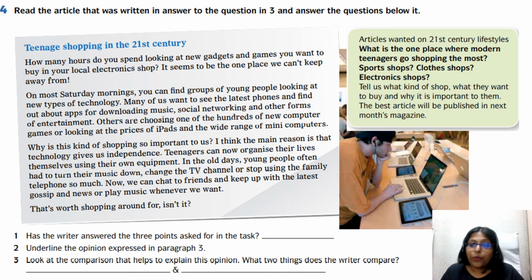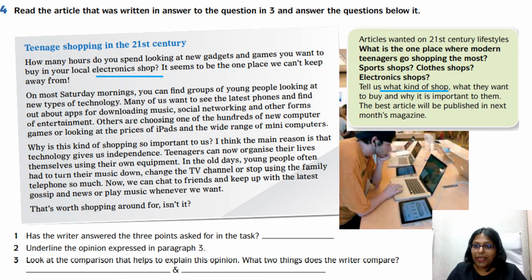When we read this article, let's identify whether these three components are found in it. The first thing, what kind of shop? Do we have it in this article? Yes, we have it: electronic shops.